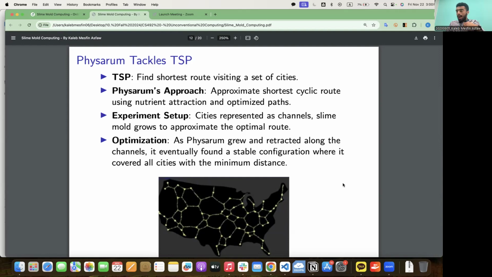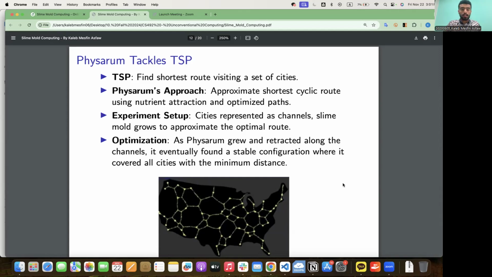Then the slime mold was inoculated, which just means introduced to the environment to diffuse itself. As it propagates, it began to colonize channels, and the experiment used a recurrent neural network to control the propagation of the slime mold.